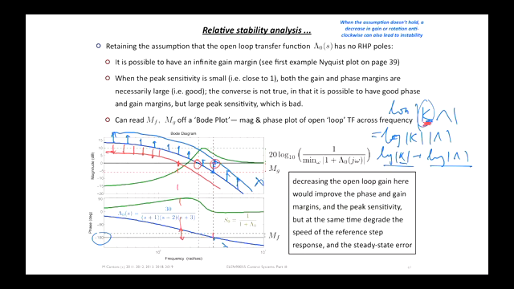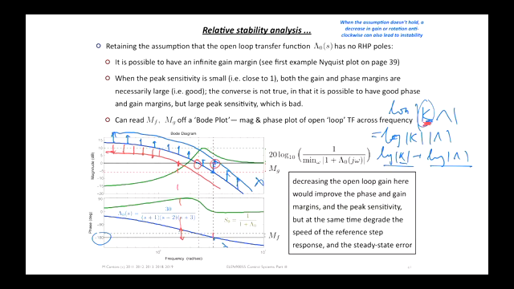So if we just close the loop around this, we might get lots of oscillations in the closed loop response. One way to end up with a closed loop that exhibits less oscillation in its response is to wind back the gain a bit, which will decrease the crossover frequency, increasing the phase margin.